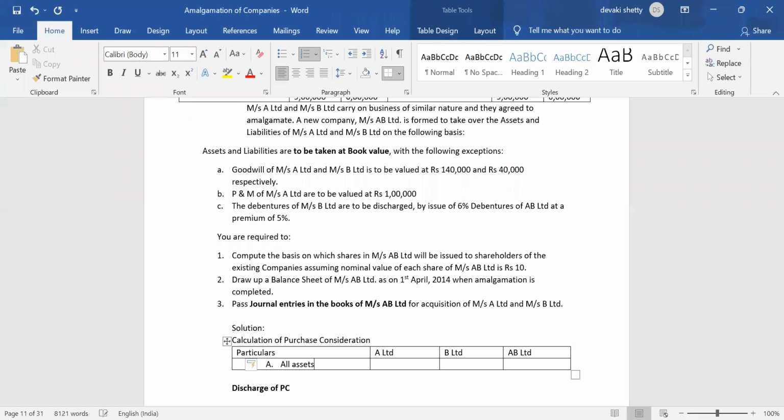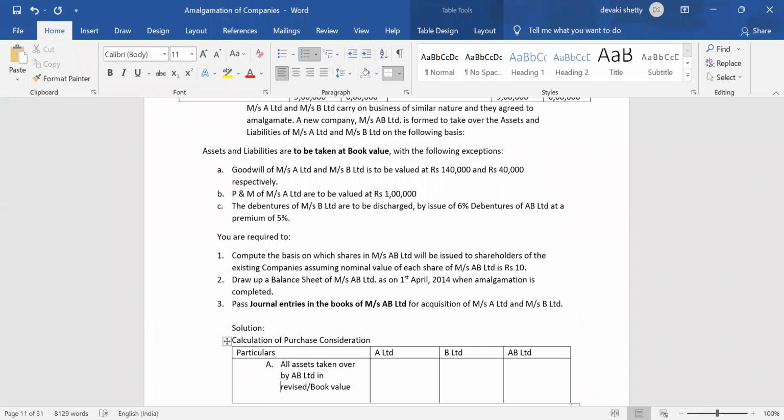All assets taken over by AB Limited in revised or book value. So let us copy here.